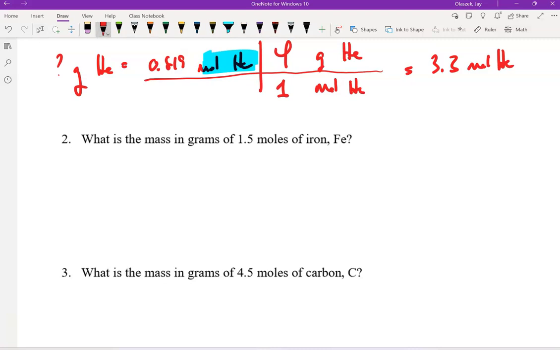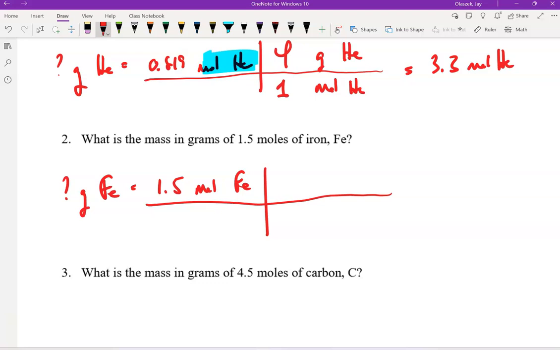Number 2 is asking, what is the mass in grams of 1.5 moles of iron? We are trying to find how many grams of iron are the equivalent of 1.5 moles of iron. 1.5 moles is what we're starting with, so we're going to put that on the bottom so that that cancels out. That means you're going to need to look on your periodic table for the molar mass of iron.